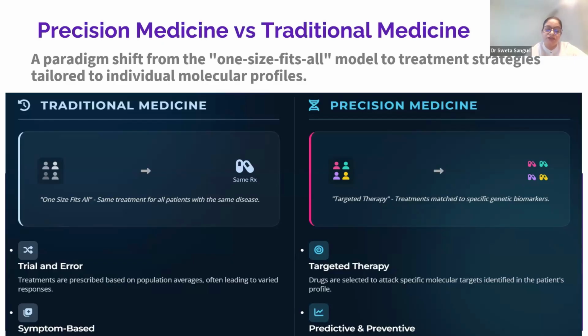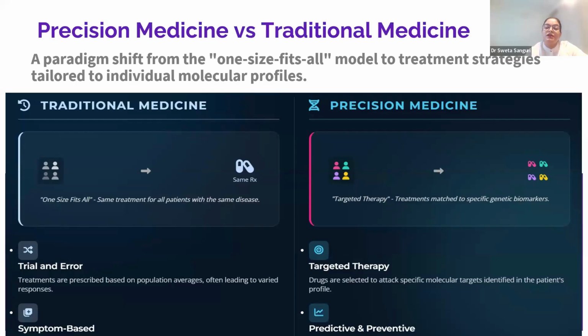Instead of treating everyone the same way, precision medicine uses molecular information such as genetic mutations, biomarkers, and gene expression patterns. And based on these, therapy can be tailored as per the requirement of each patient. So if I have to say it differently, the goal is to deliver the right treatment to the right patient, like I have already mentioned, and at the right time.